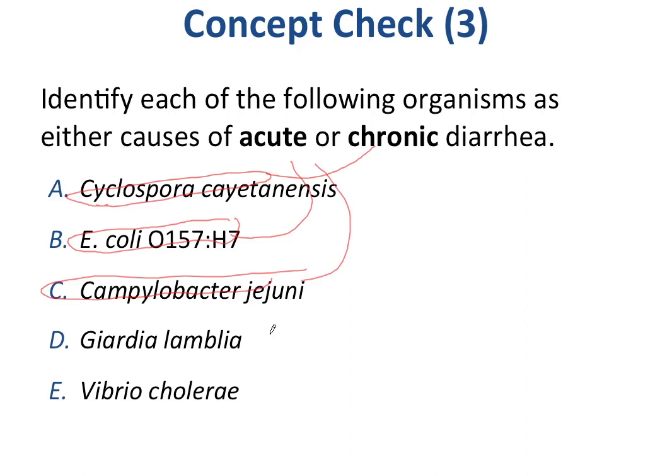Giardia lamblia is chronic. Vibrio cholerae is acute.